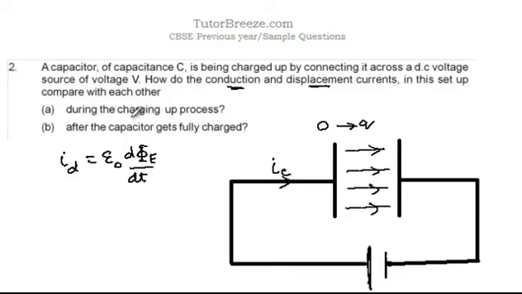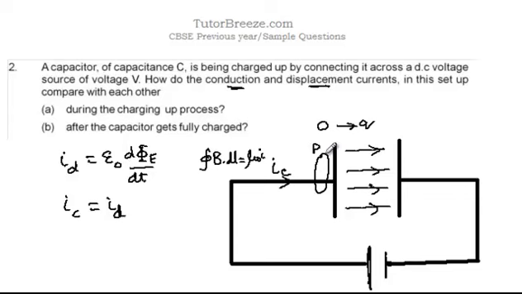Now, during the charging process, the conduction current and the displacement current have to be equal to each other. This can be proved because if you consider a point P here, just outside the plates of the capacitor, and you consider a loop like this, to find B, you have the integral of B dot dl equal to mu naught times the current I. So in this case, you have a current I which is flowing through this loop.